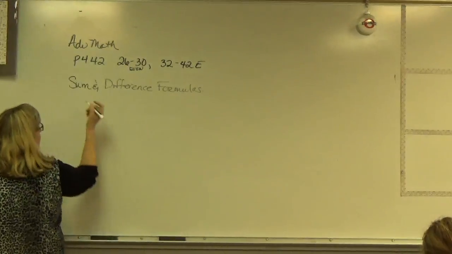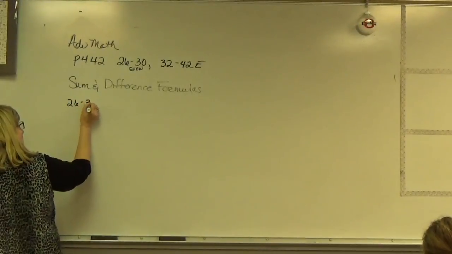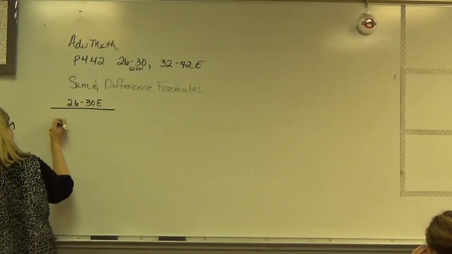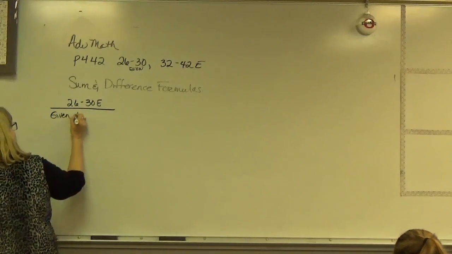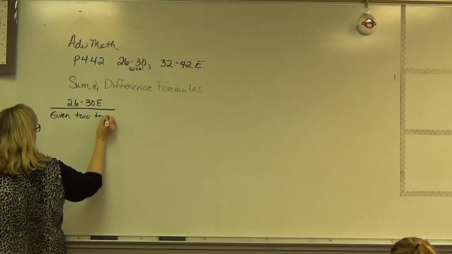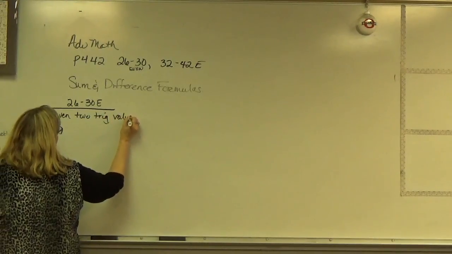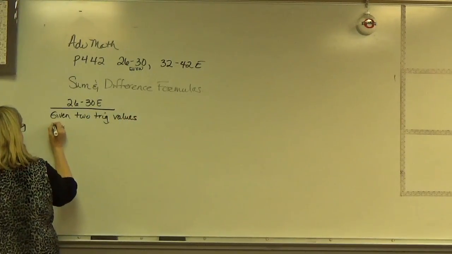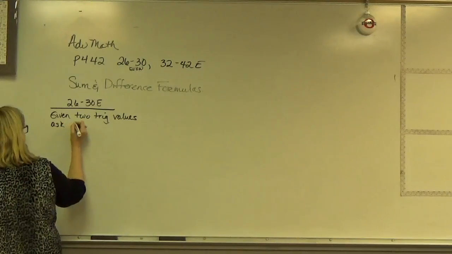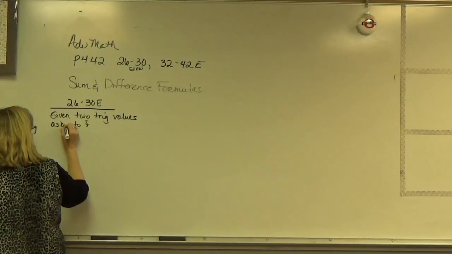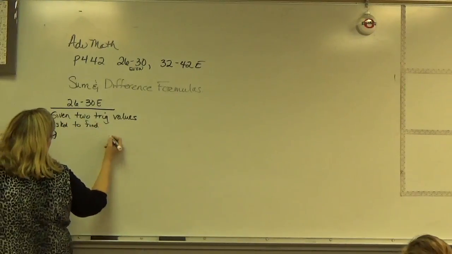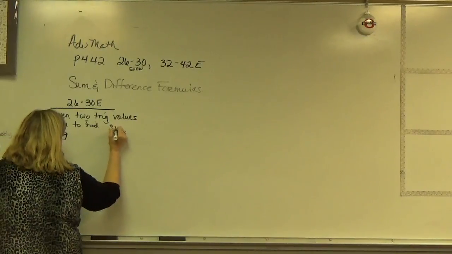So this is for the first section. You're going to be given 2 trig values, and you're going to be asked to find a sum or a difference.